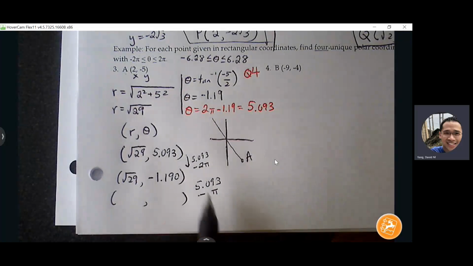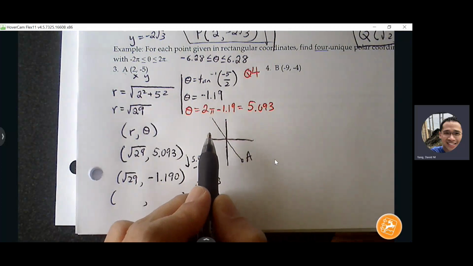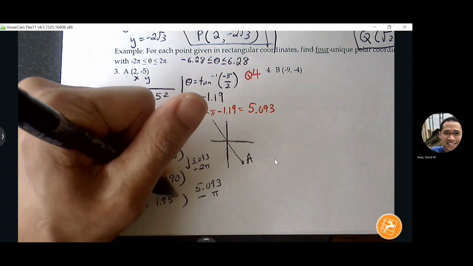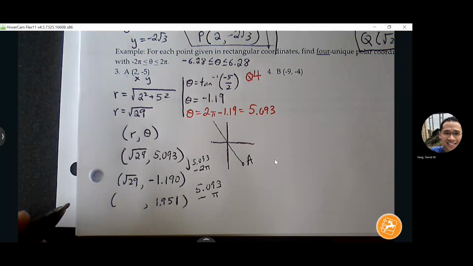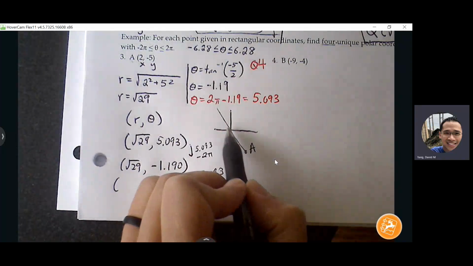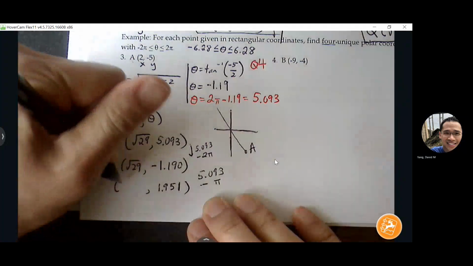So 5.093 minus pi is going to give me 1.951. But this is the second quadrant, so I don't want to walk towards the second quadrant. I want to walk away from the second quadrant. So what's my R going to be?